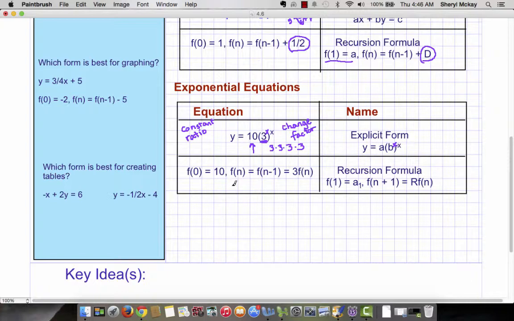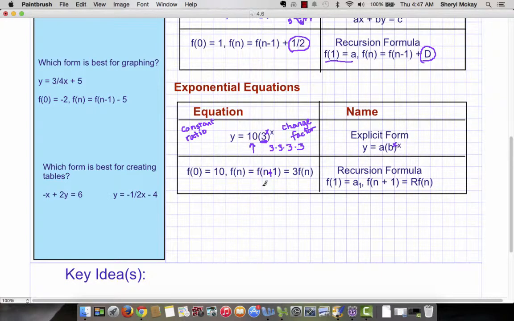So our recursive form, I want to show you a different way. It's actually written differently in my example than it is over here. So let's make this a plus sign right there. Okay?